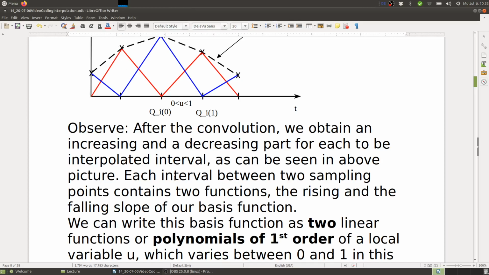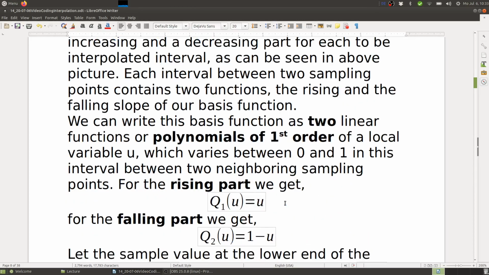So each interval between two sampling points contains now two functions, the rising and the falling slope of our basis function. When you look at this first interval, we have the falling part from the blue one and then this rising part from the red one. So each interval has two functions.